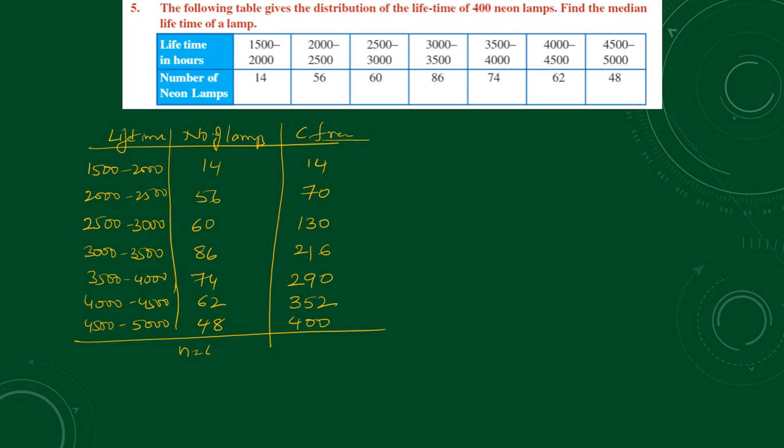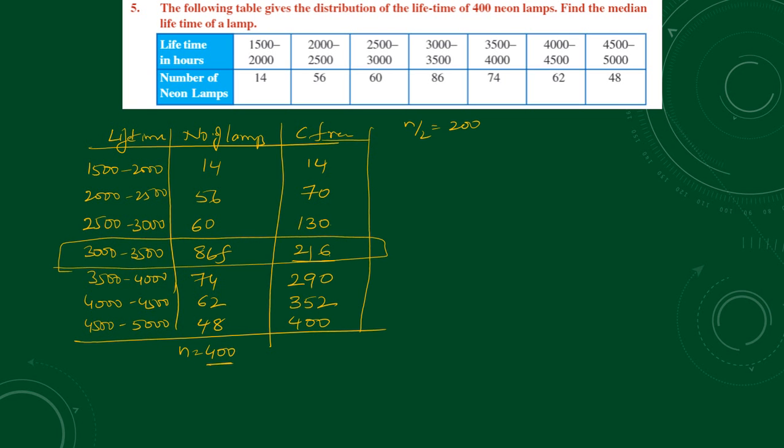So clearly n is equal to 400. Now finding out the values. What is half of 400? n by 2 is 200. Where does 200 lie? It belongs to this particular group. So clearly this is my median class, because 200 lies between 130 and 216.